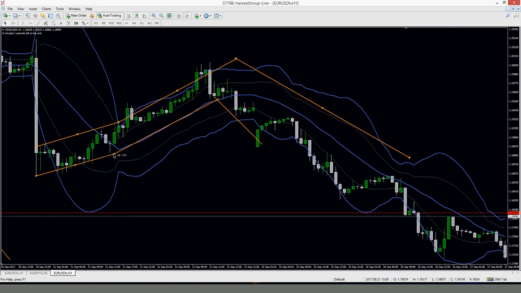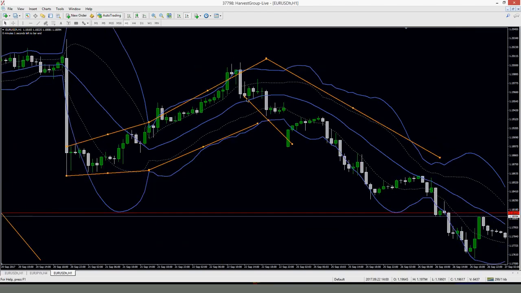Let me just fix this for you. Even though the price is moving upwards and downwards, this is still considered a sideways Bollinger Band, and this here is a momentum Bollinger Band. So during sideways, there's also still a component of momentum.